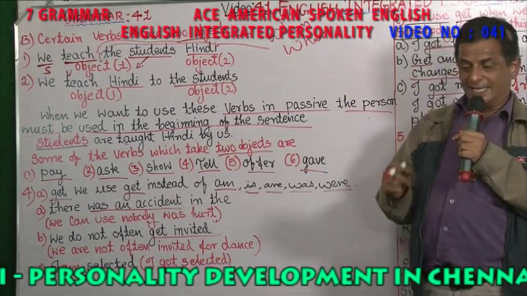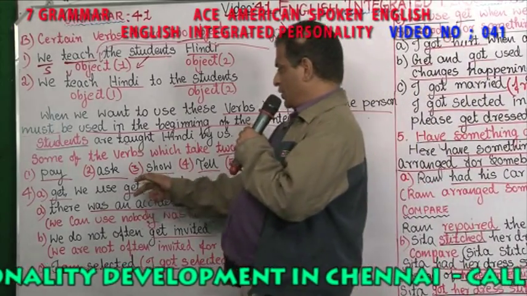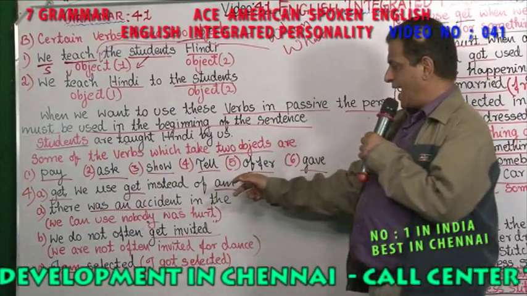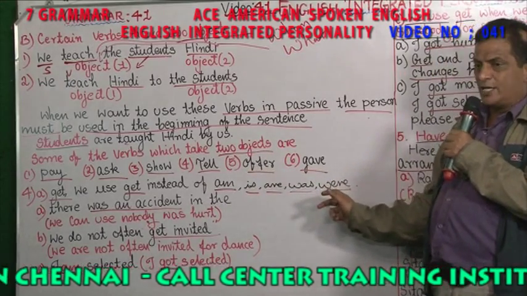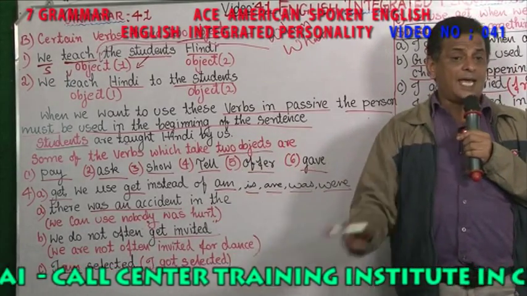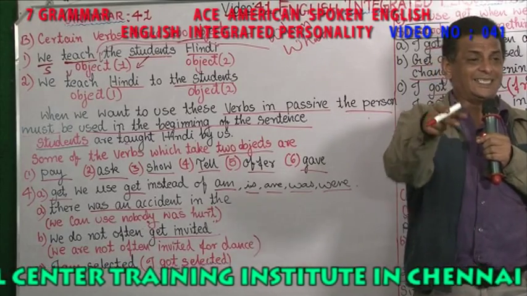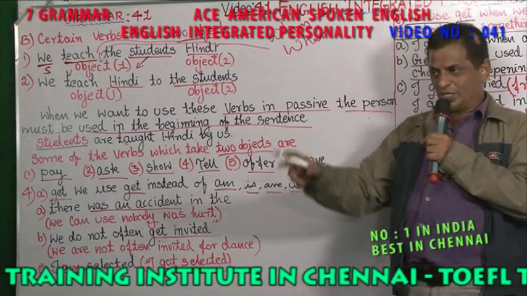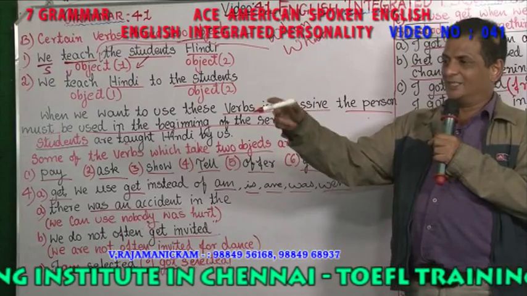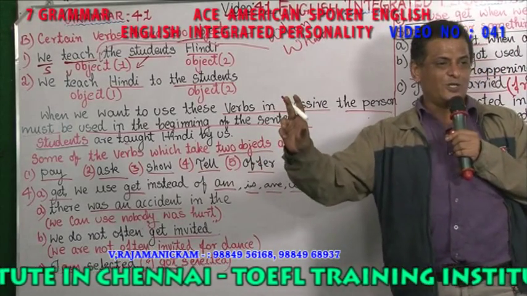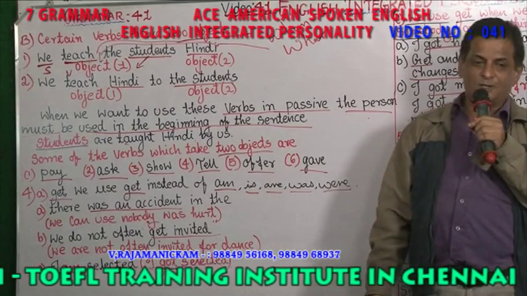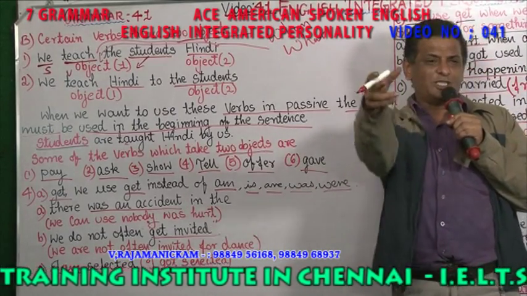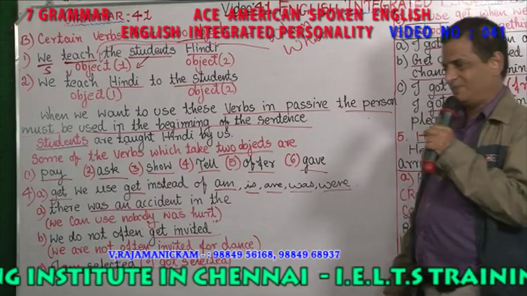Get is used instead of am, is, are, was, were. I am selected, I got selected. I was selected, I got selected. Both are the same. Instead of was, you are using got. So, was is equal to got.